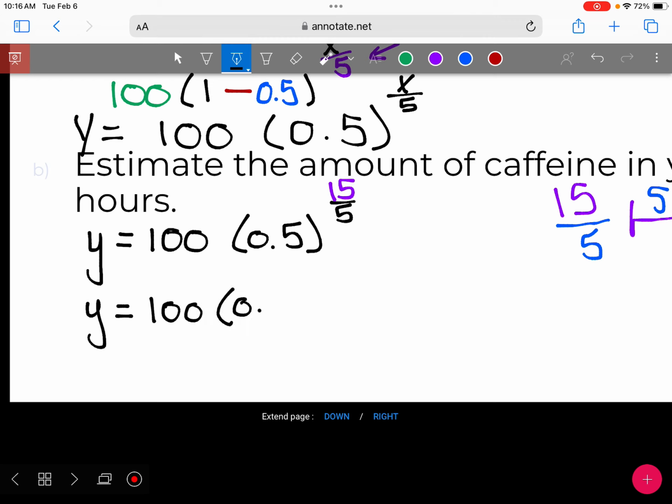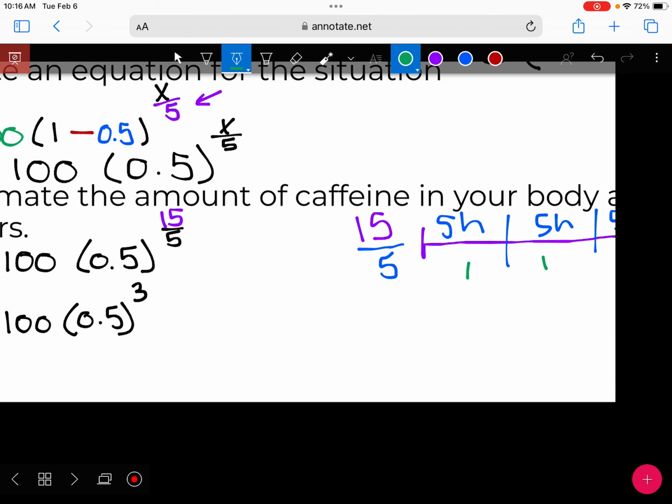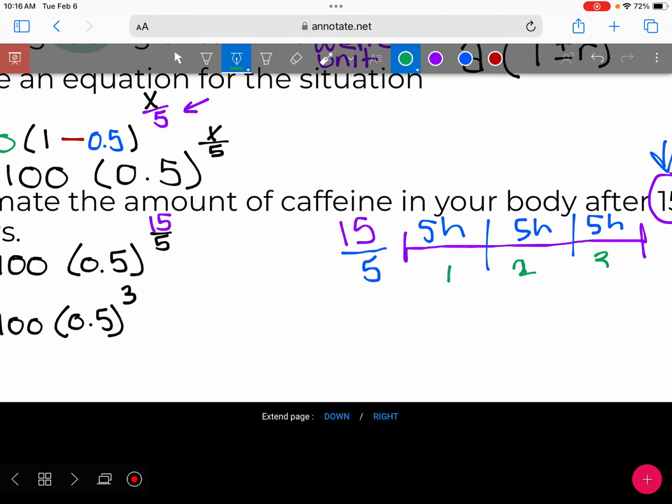Because our 0.5, we actually wind up with an exponent of 3. Just like we said, we had 1, 2, 3 groups of 5 hours. That's where that 3 is coming from. It's how many 5-hour chunks we've got. So what we're going to do is type this in the calculator and figure out how much caffeine is left in your body 15 hours after drinking a Mountain Dew.